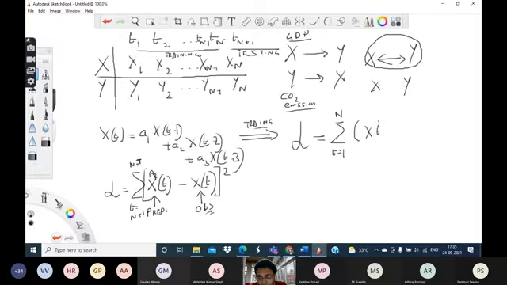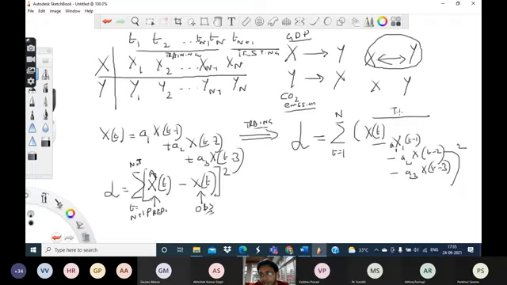Basically we make this prediction: xt minus a1 xt minus 1 minus a2 xt minus 2 minus a3 xt minus 3, the whole thing squared. This is the squared error during training, so we can call this the training loss. Now we want to select a1, a2, a3 in such a way as to minimize the training loss.